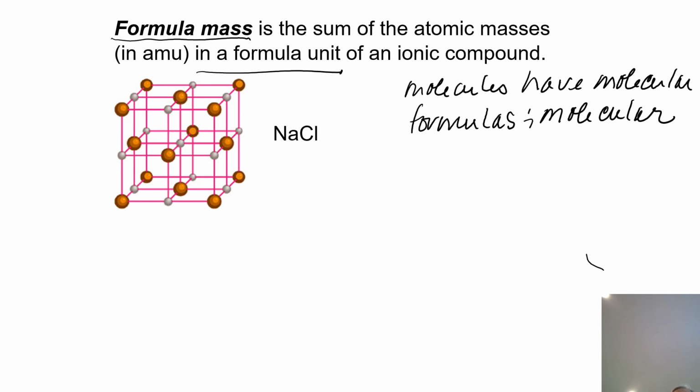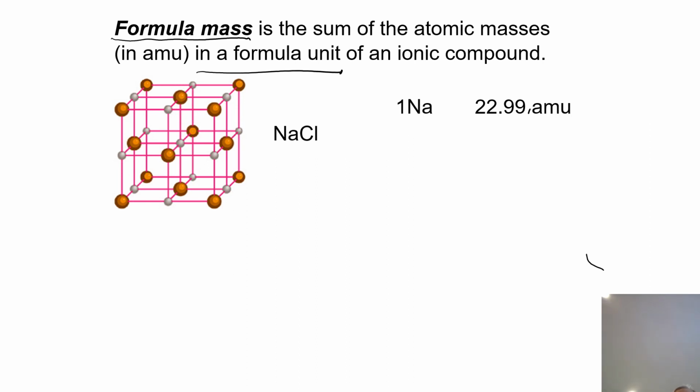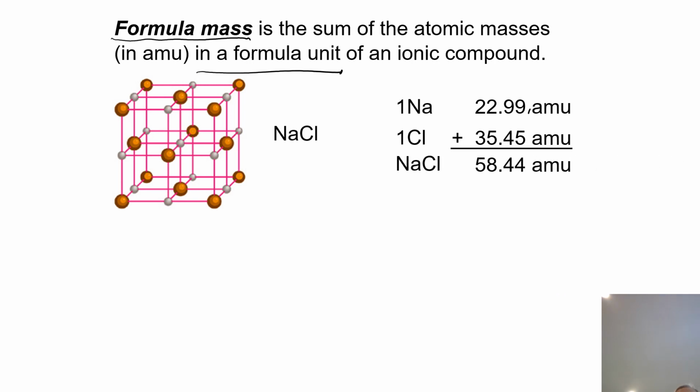One formula unit of sodium chloride is calculated the same way we would calculate the molecular mass. We're going to look up the atomic mass on the periodic table for sodium and for chlorine, and add those together.